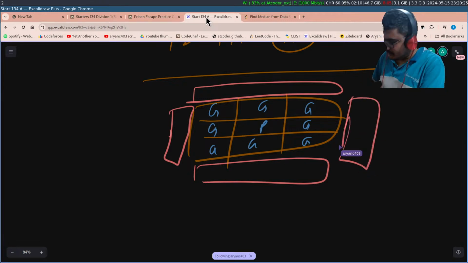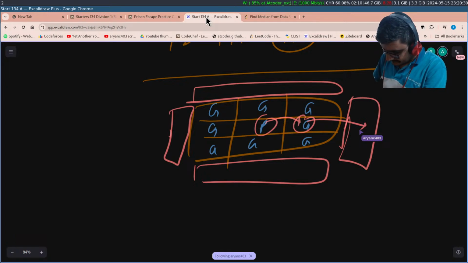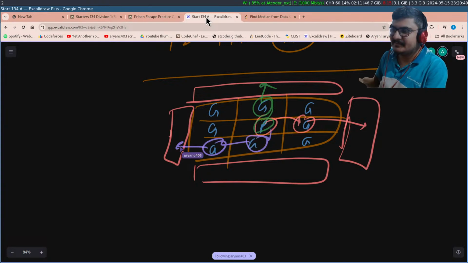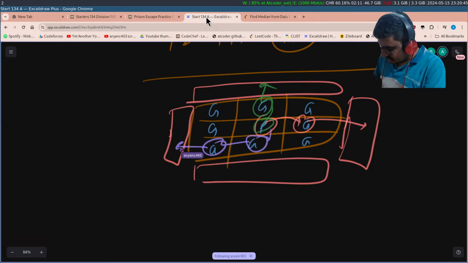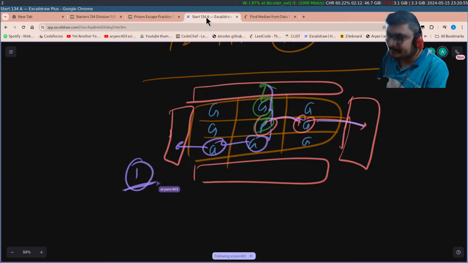No matter how he wants to go from here, he will at least have one guard over here. He can also take this route where he would encounter two guards, but it's not ideal, right? Taking one from here is better than going via this route with two. So the answer for this case is one.